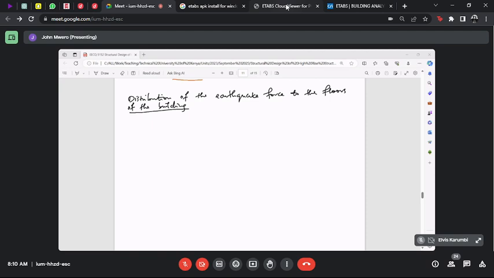So I want to take a few minutes and talk a little bit about these thoughts on the shear walls.